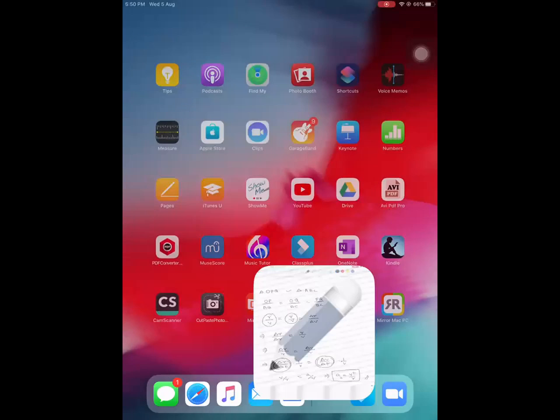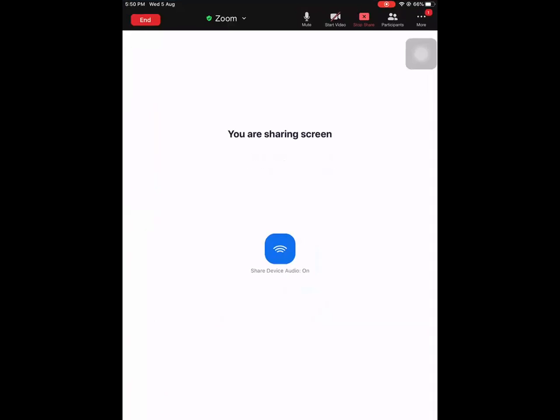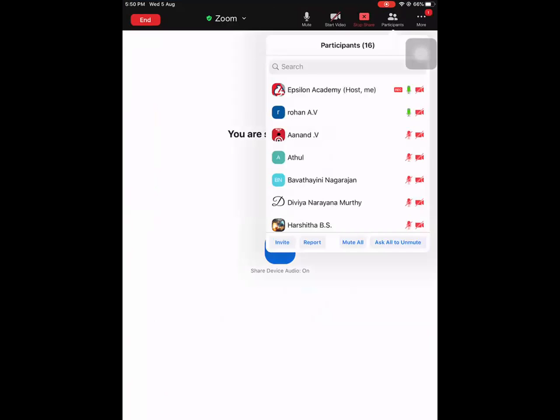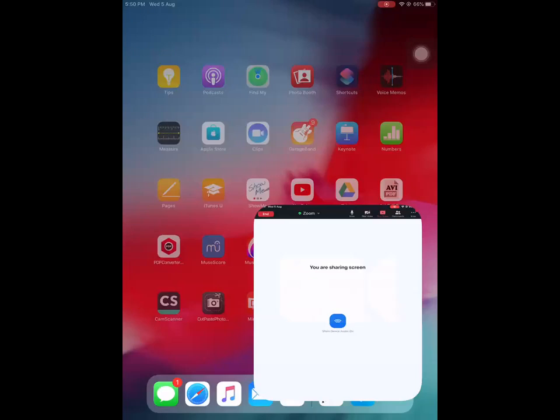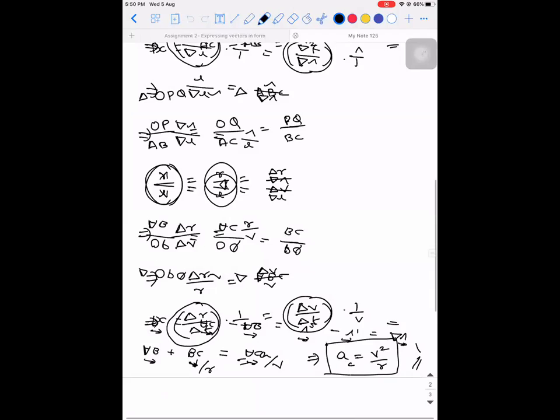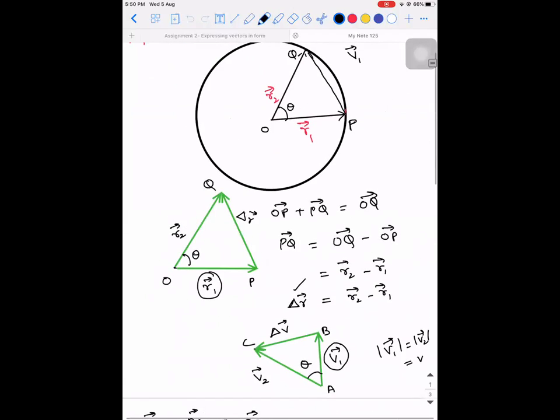Sir, I have a doubt. Yes, Rohan. The force is acting towards the center only, no, sir? Yeah, force is always acting towards the center. That's why it is called centripetal acceleration. Meaning this is from the word centripetal.